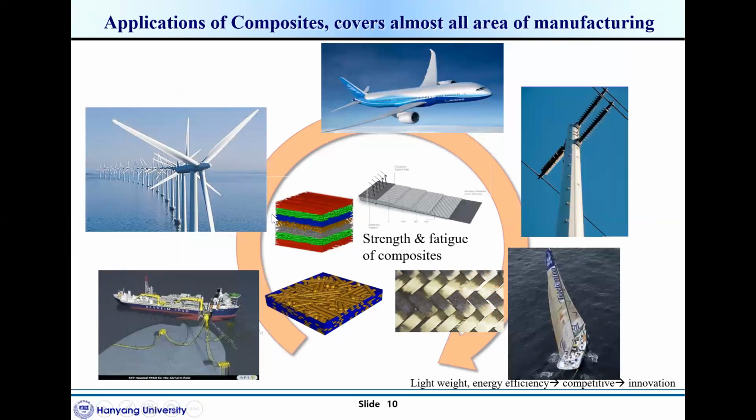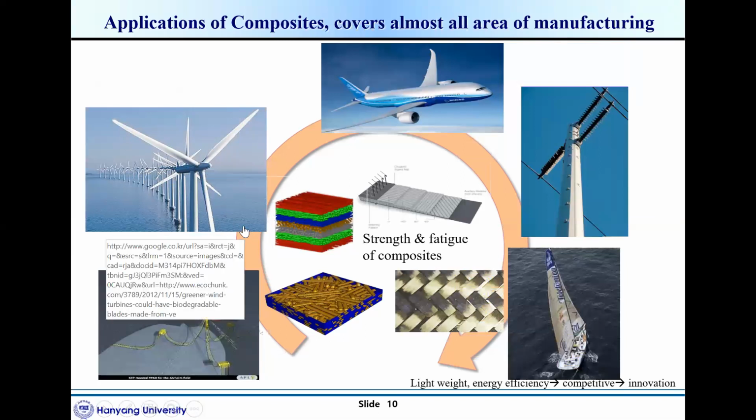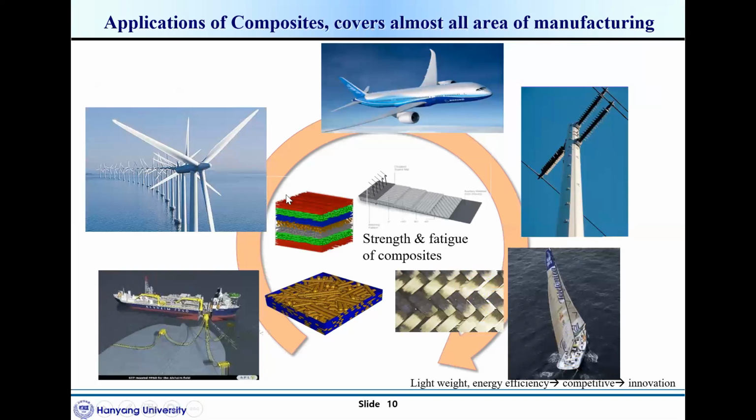If you are interested, you can find several papers which have been published. And also one application will be a wing of an airplane, which I can show you can be easily modeled using these tools.